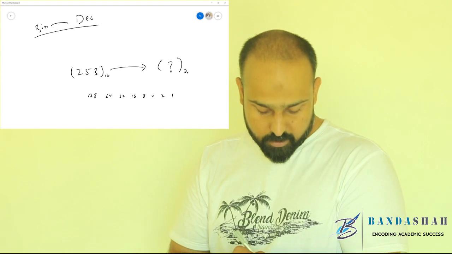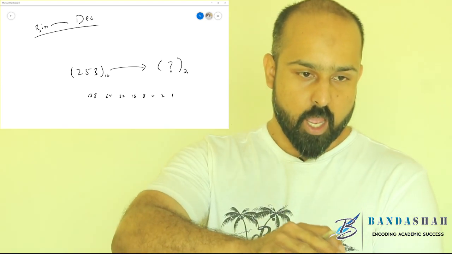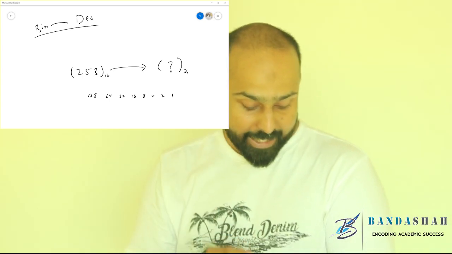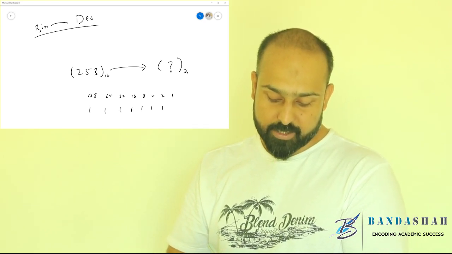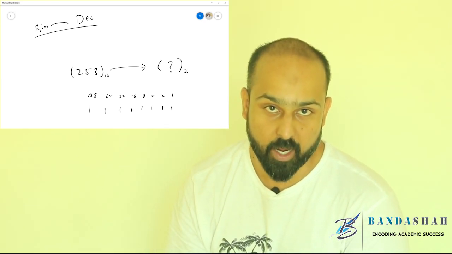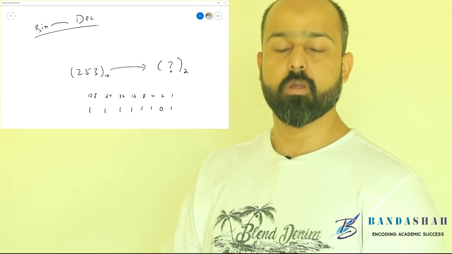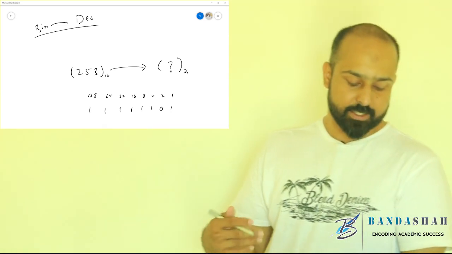So 128, you just switch on those bits. Adding those bits up will make up your number. But we have already done that drill: if we switch on all the bits, it will make 255. So we just need to skip the 2, and you get 253. So this is how you can convert the decimal number into binary.